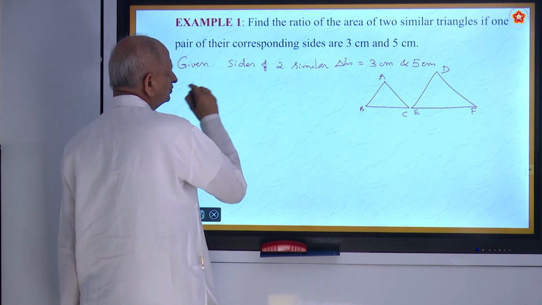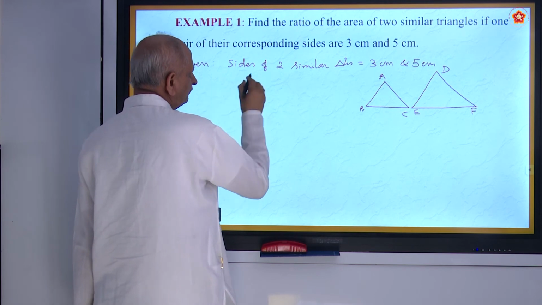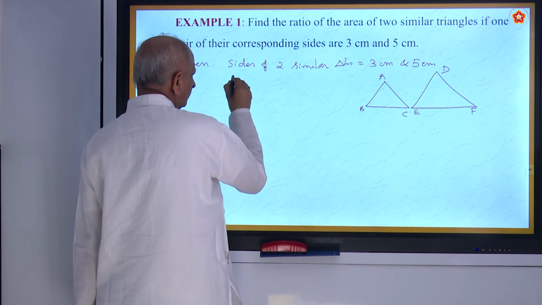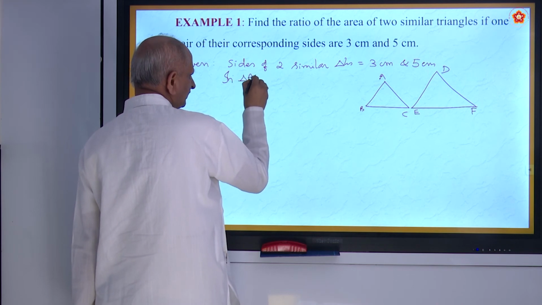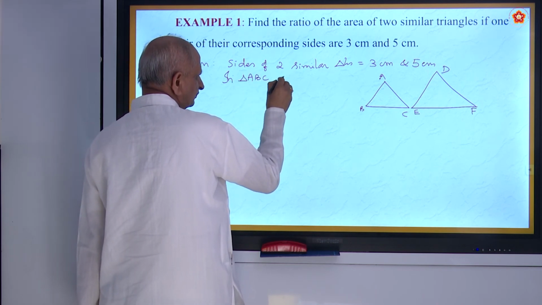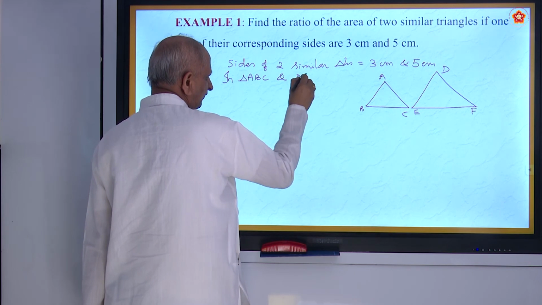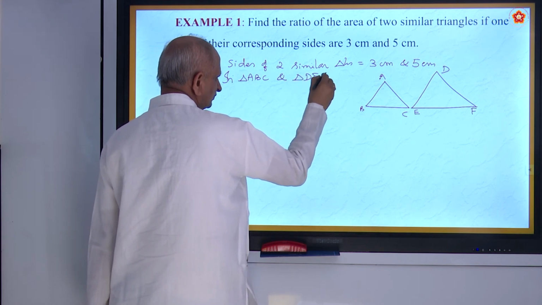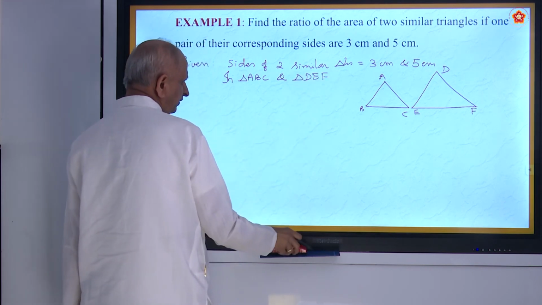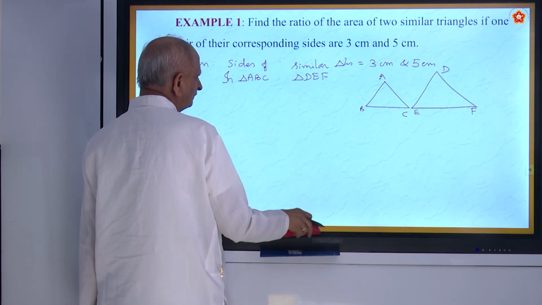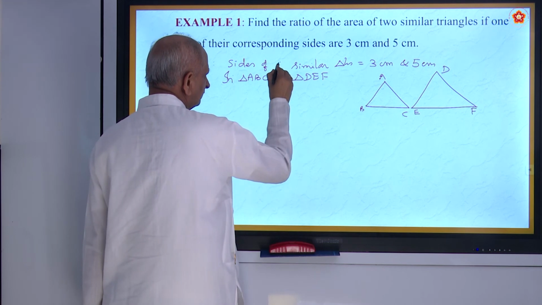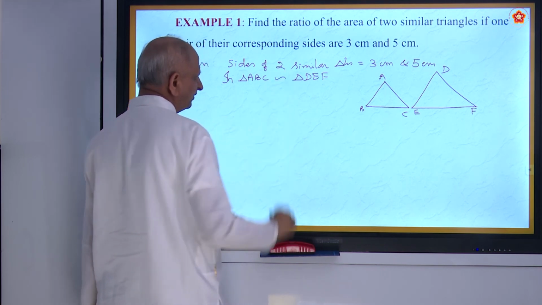So, in triangle ABC and triangle DEF, you are given that they are similar.